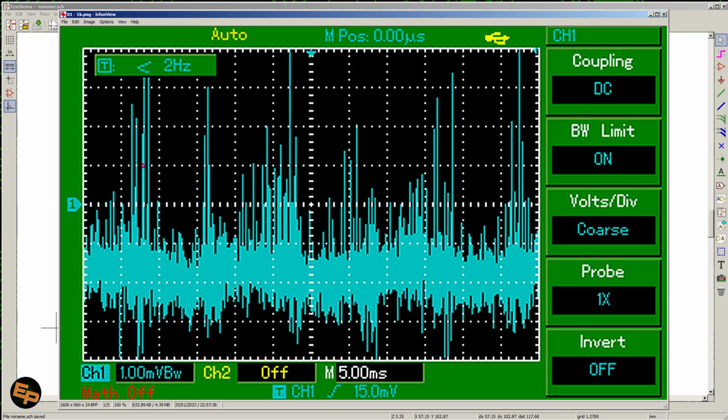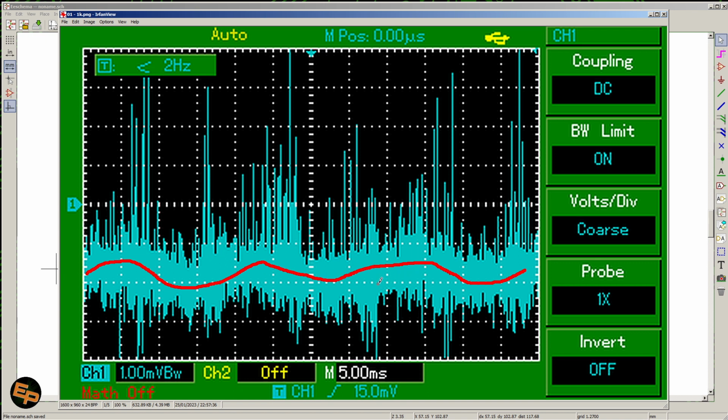For the 1 kilo ohm resistor, on the output we see something that kind of resembles a sine wave, at least if we imagine drawing a line through the middle of all this noise.